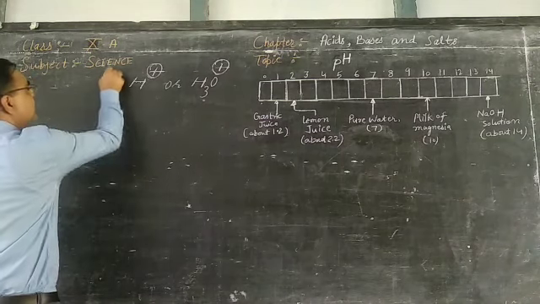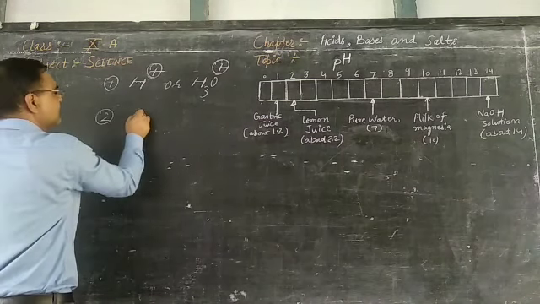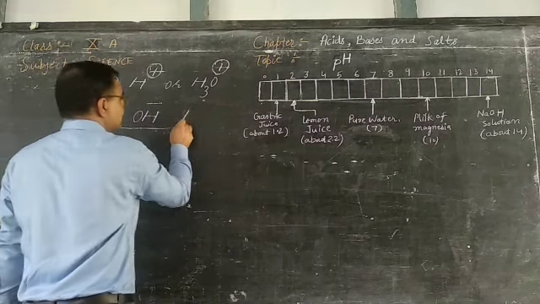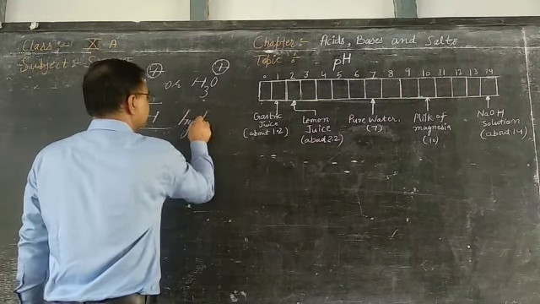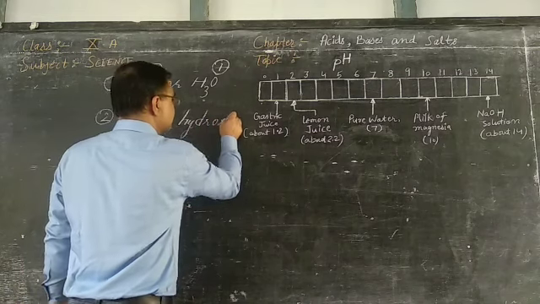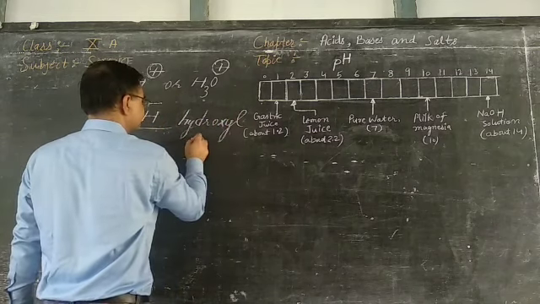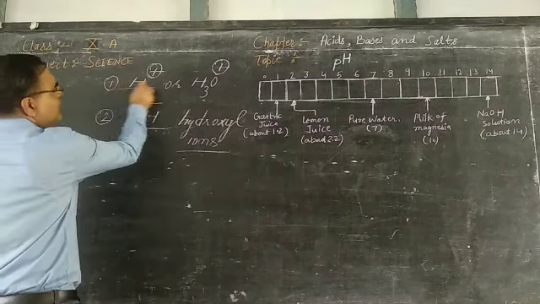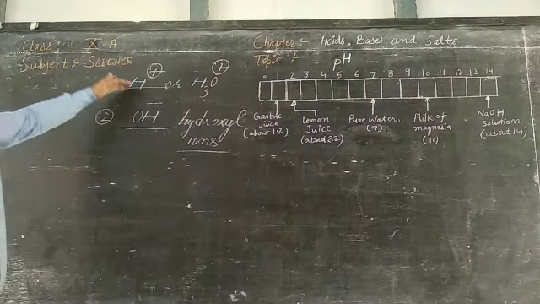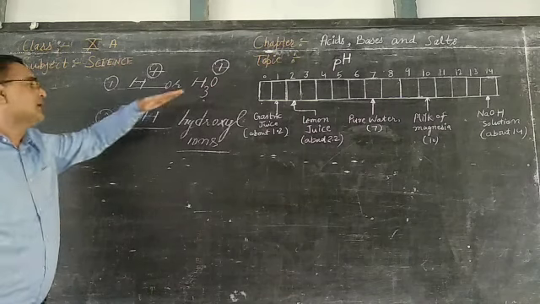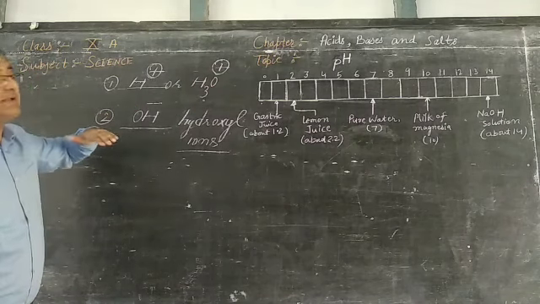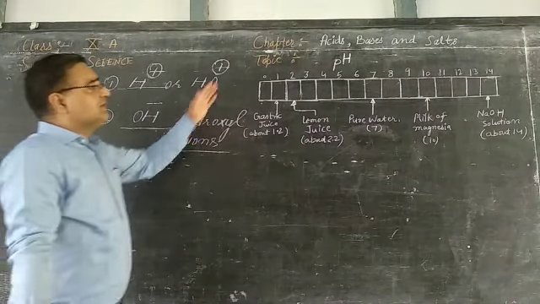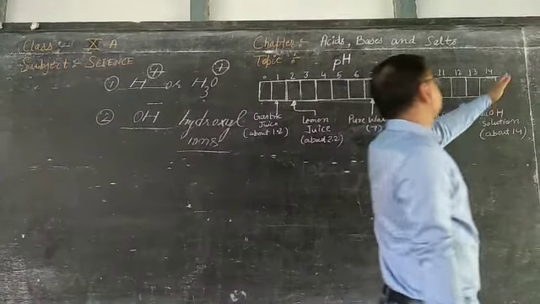And the other ion present in water is the hydroxyl ion, OH- ions. So there are two types of ions: one is H+ or hydronium ion, and the other is OH-, that means hydroxyl ions. So this is a pH scale.